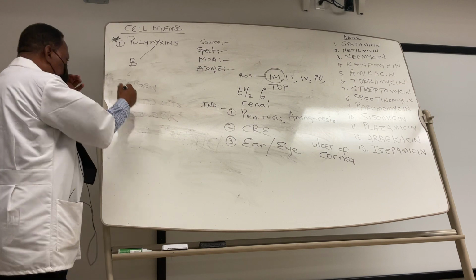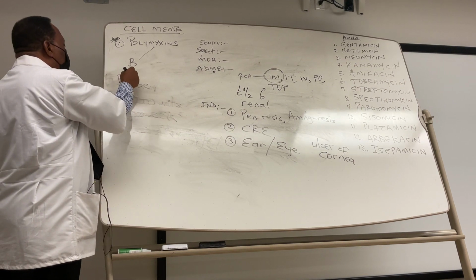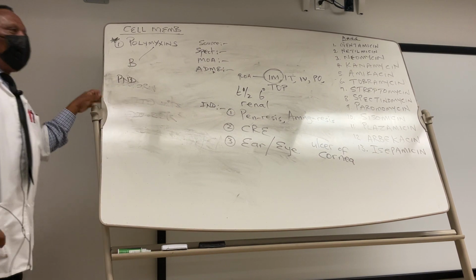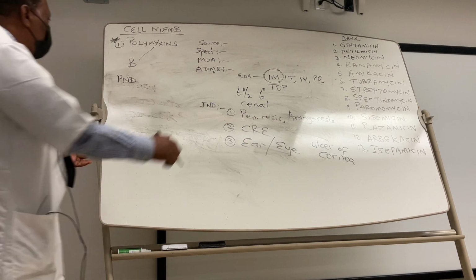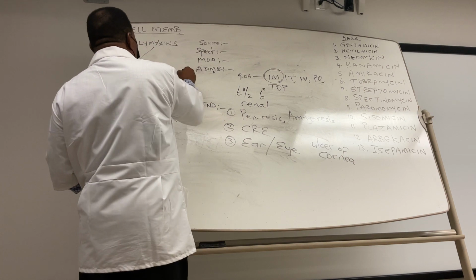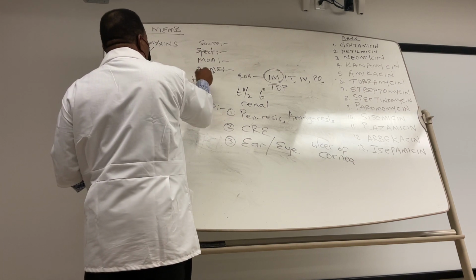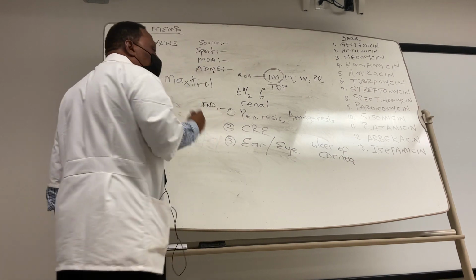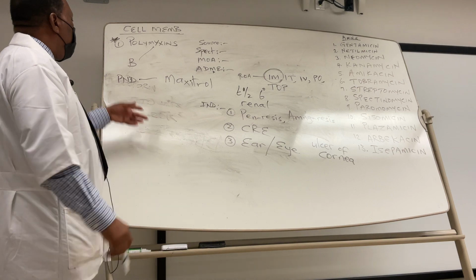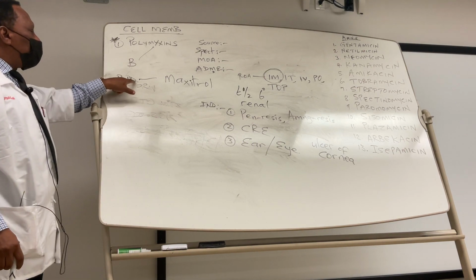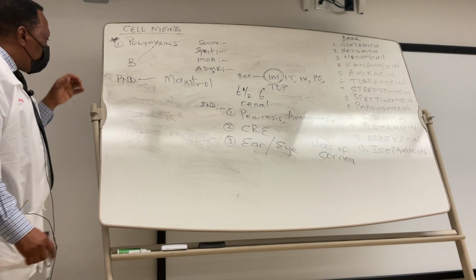Some of them we've already talked about before, but polymyxin, neomycin, dexamethasone, that's what you have in that very popular drug, Maxitrol suspension. So that will be topical. You can use it in the eye and you can use it in the ears. So polymyxin, neomycin, and dexamethasone.